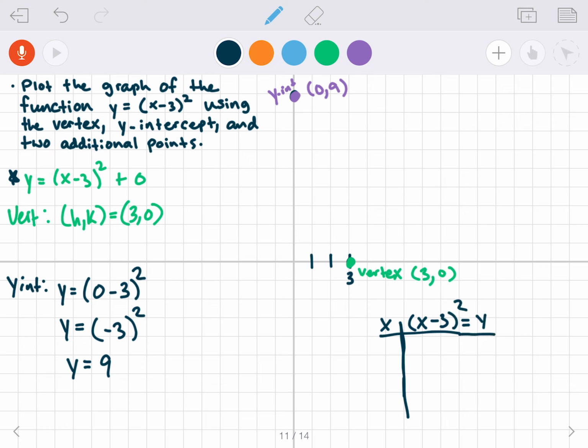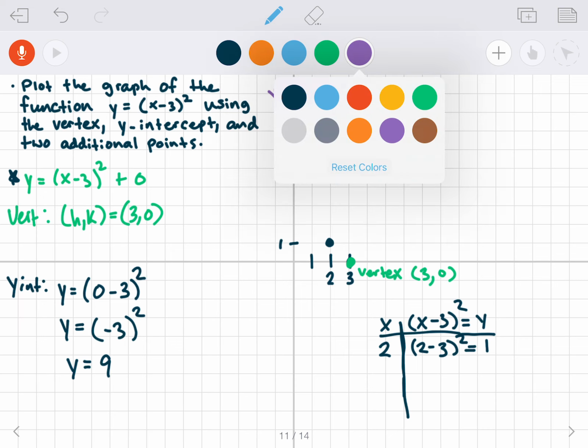So I'm going to choose an x to the left of the vertex just because it's an easy point to work with. So I'm going to choose x equals 2. And when I plug in 2 for x into the function to get y, I get 2 minus 3 squared, which is -1 squared, which is +1. So when x is 2, y is 1. So that's my first additional point.